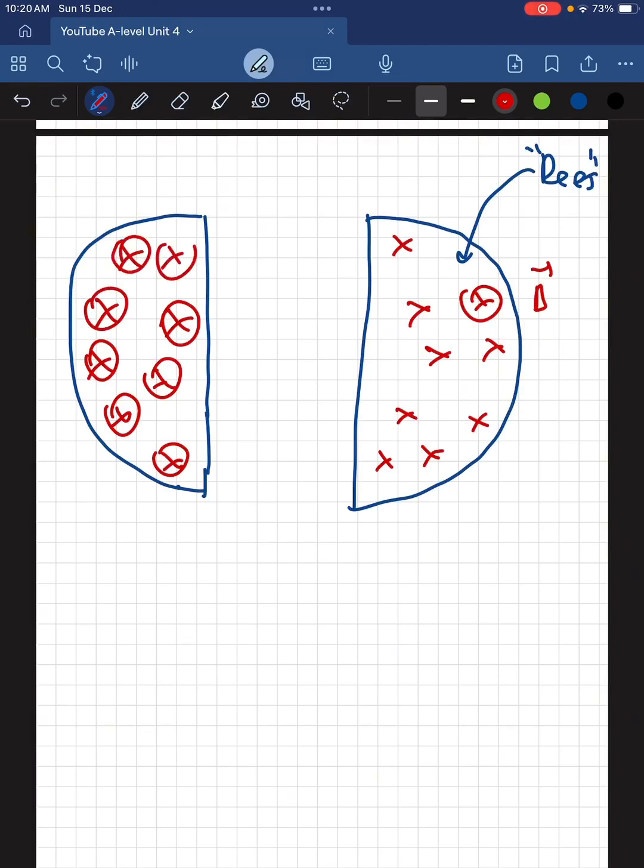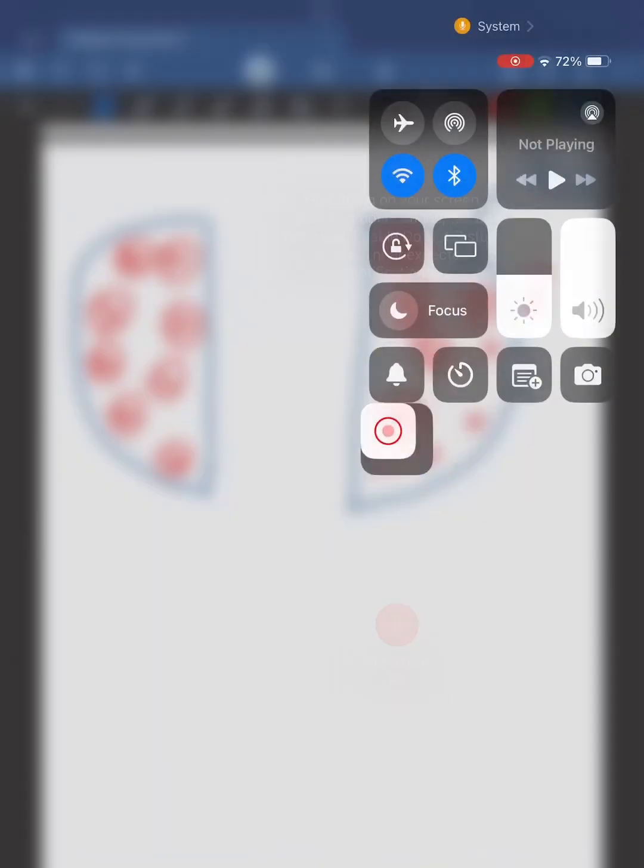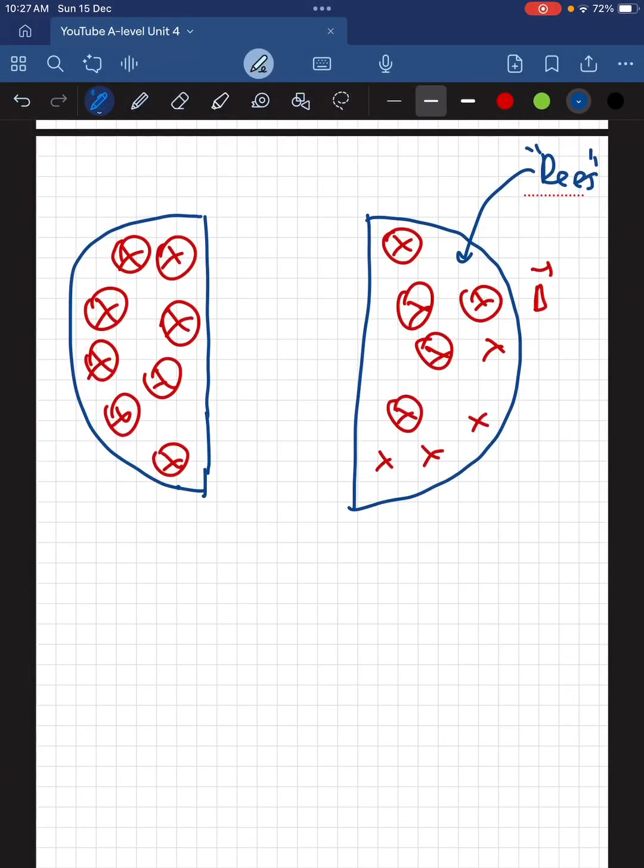Okay, so these are hollow metallic tubes, and they are metallic so that you can apply an AC voltage across them.